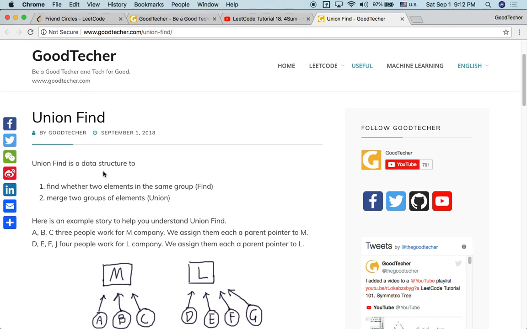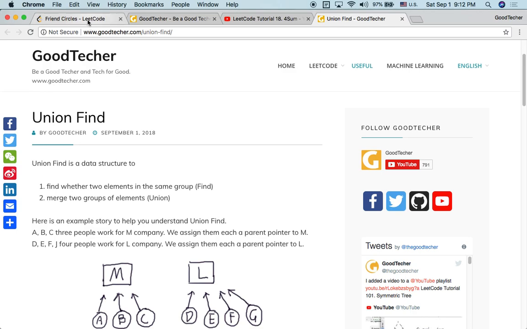Since this union find data structure can do the merging and also find whether elements are in the same group, it is an ideal data structure for this friend circle problem. We can find whether two people are in the same circle, and if they are indirect friends, like Paul Allen and Steve Ballmer, we should merge them into the Bill Gates friend circle.